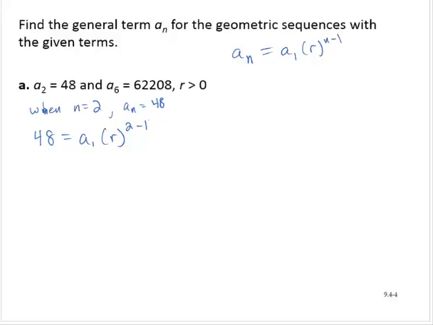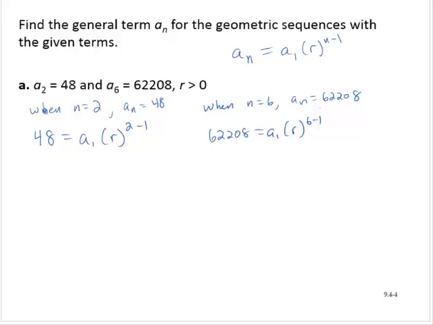Similarly, for the other ordered pair, when n equals 6, a sub n is 62,208. So we could write 62,208 is equal to a sub 1 by r to the 6 minus 1. And so we need to solve for a sub 1 and r.